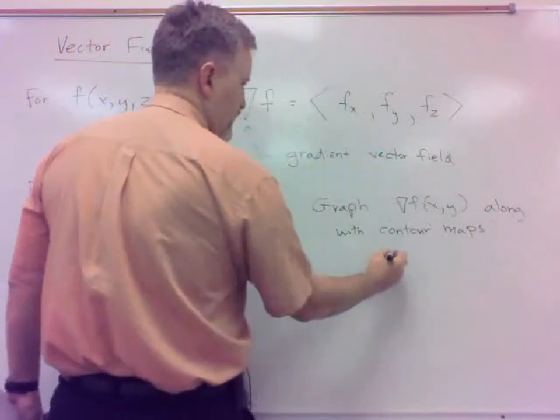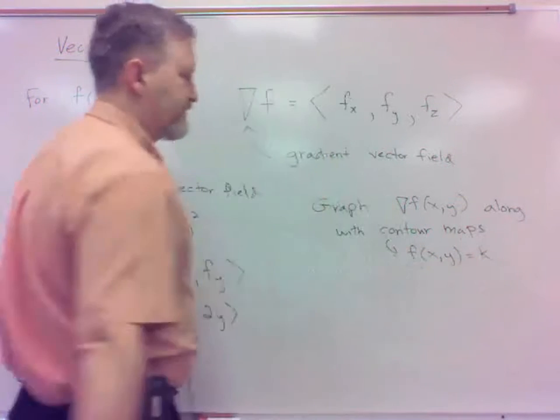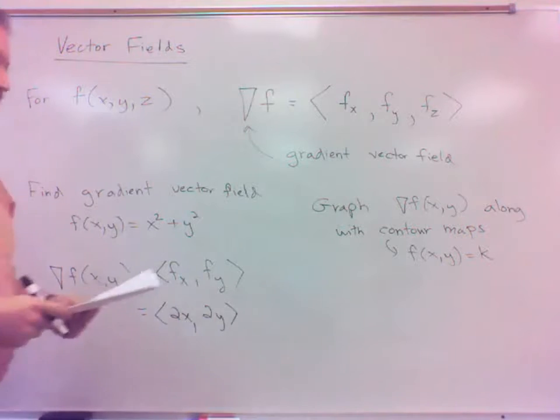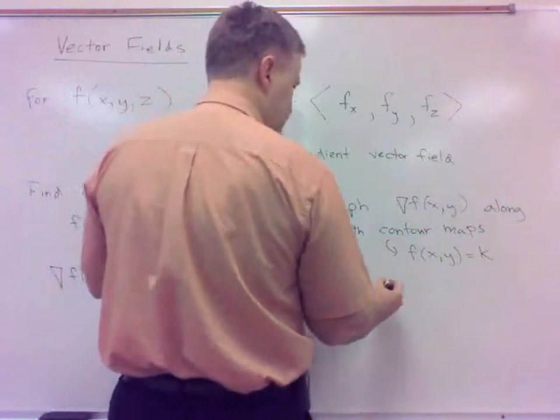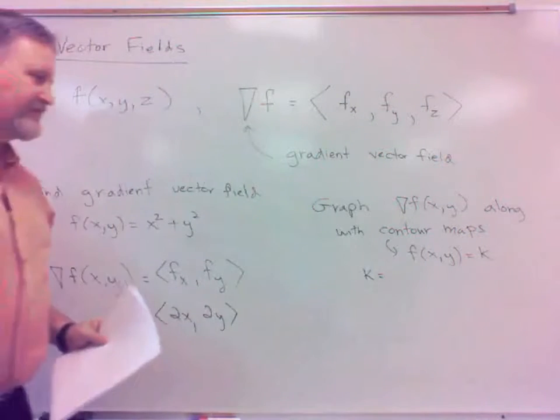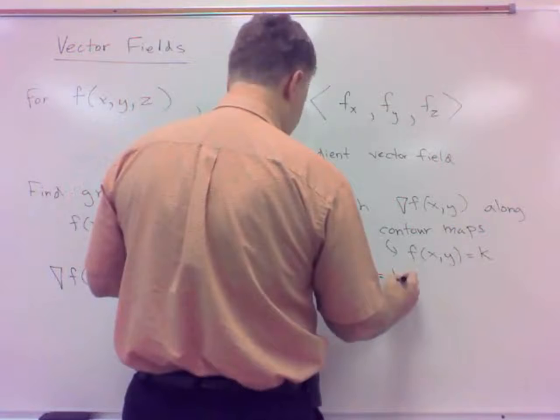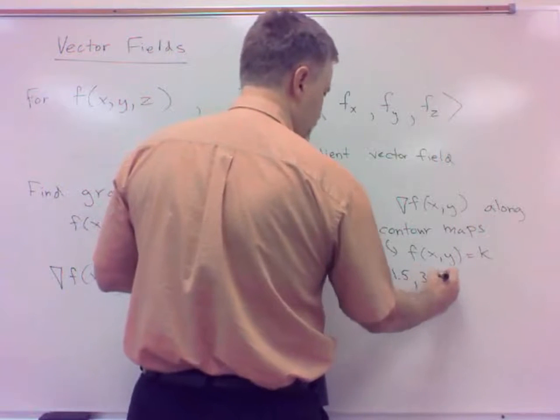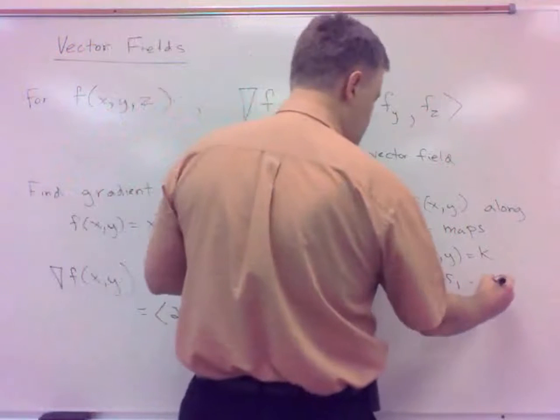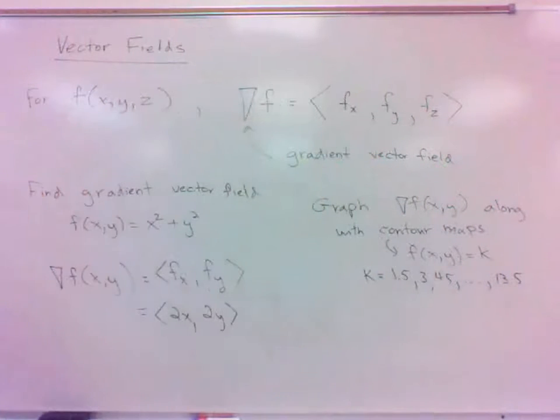And remember, what we mean by that is we take f of x, y equals some constant k, and then just see what the graph of those look like. I've already done this, so I want to make a quick point or two here. Let's do it for k equals 1.5, 3, 4.5, going by increments of 1.5, all the way up to 13.5.